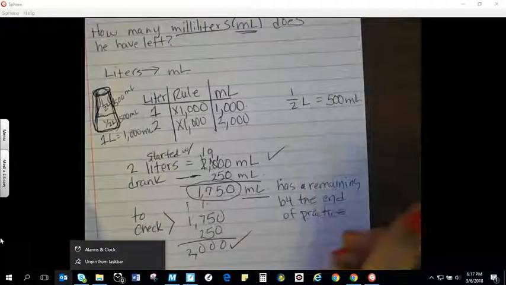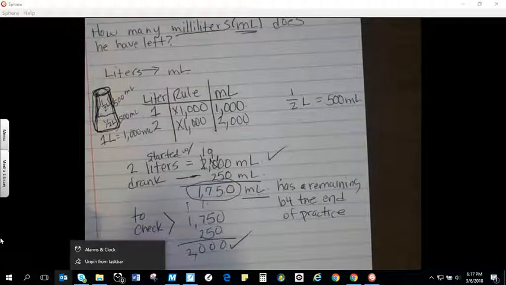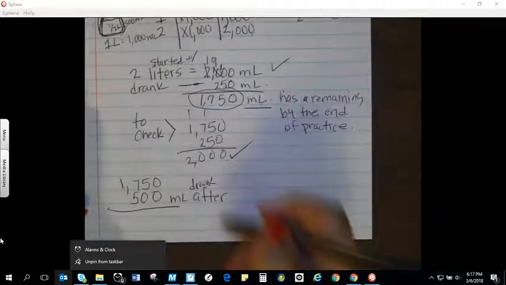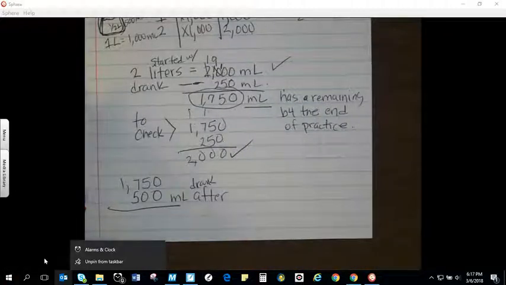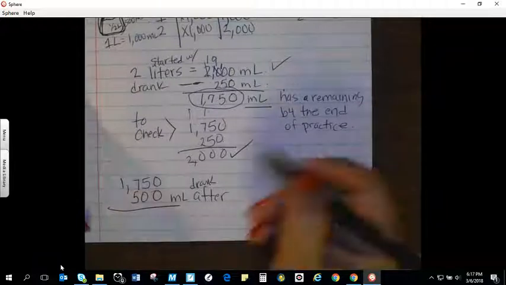So he drank half a liter, 500 milliliters, after practice.